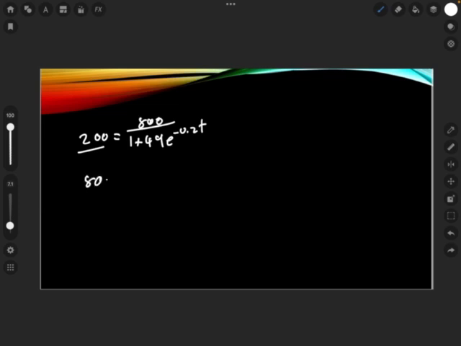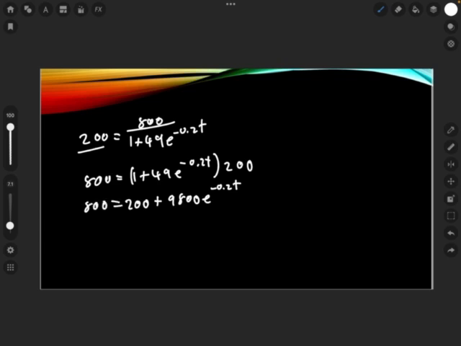So 800 equals 1 plus 49e to the negative 0.2t, times 200. You can just distribute that if you want to. So 200 plus 9800e to the negative 0.2t equals 800.